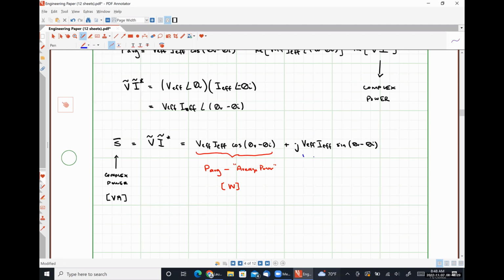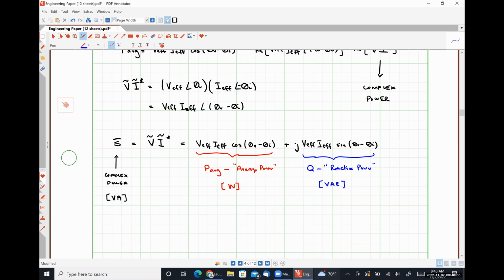This part over here, the imaginary part, is what we're going to call Q, the reactive power. Reactive power is measured in VARs, volt amperes reactive.